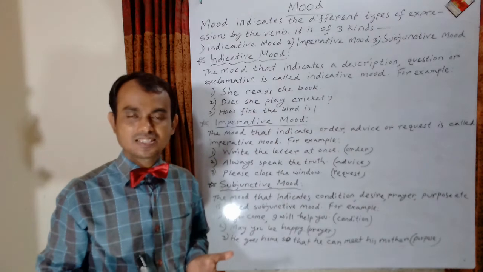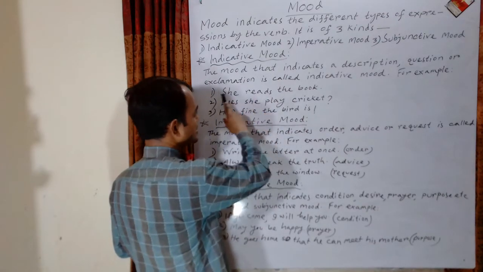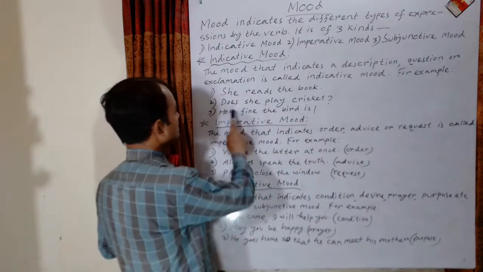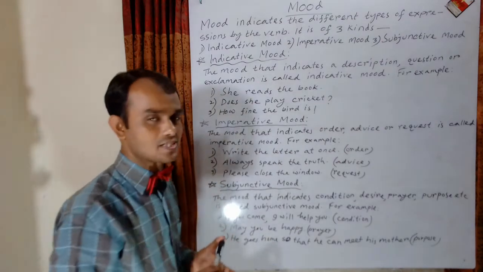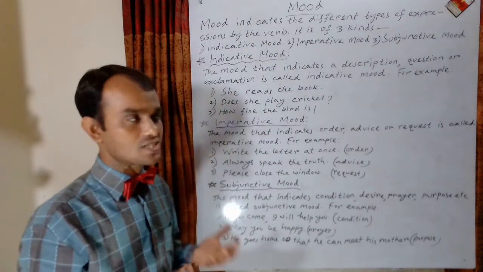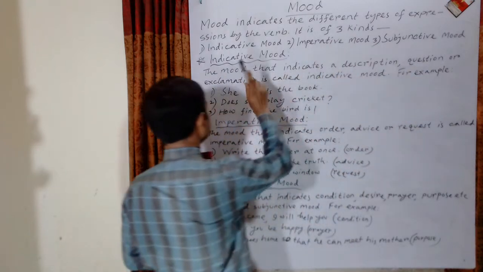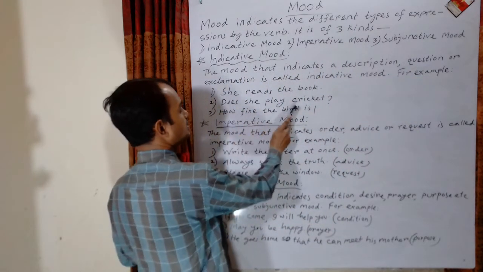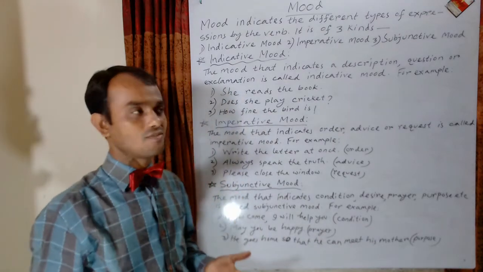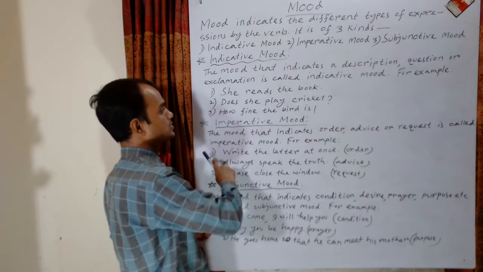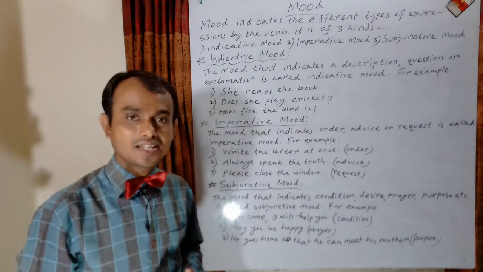This is the description. The verb of the sentence describes something. The next example, does she play cricket? The verb of the sentence asks something, questions something. The description, then question. Now exclamation. How fine the bird is. It indicates an exclamation. For this reason, this is indicative mood. These three sentences indicate indicative mood.